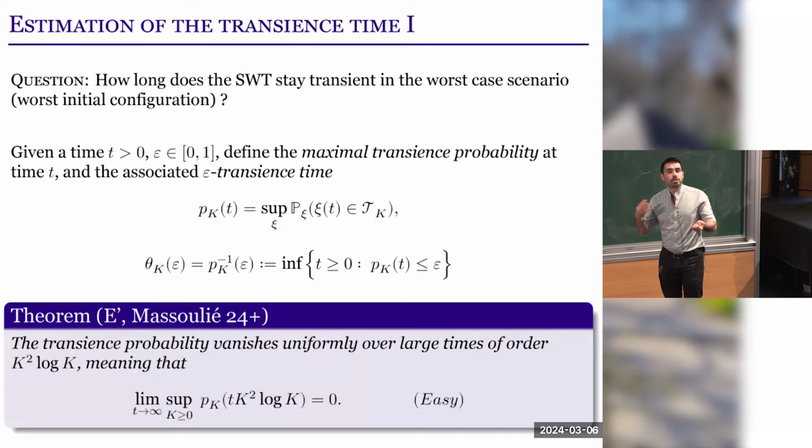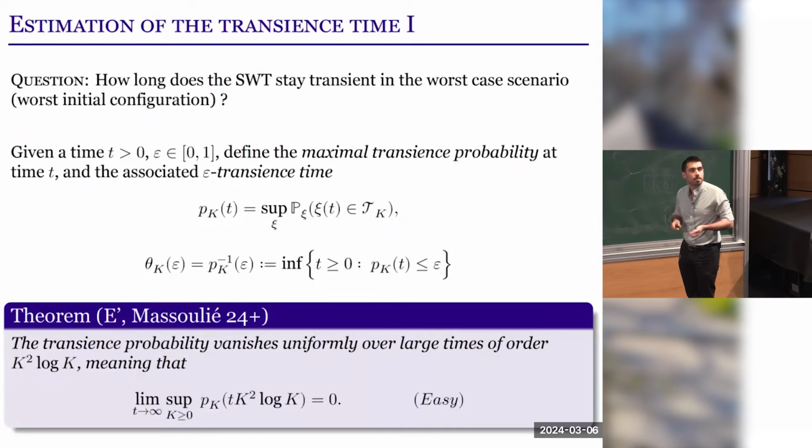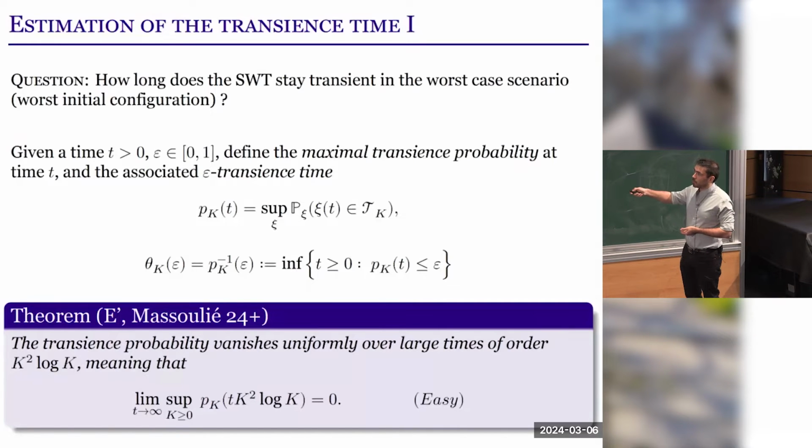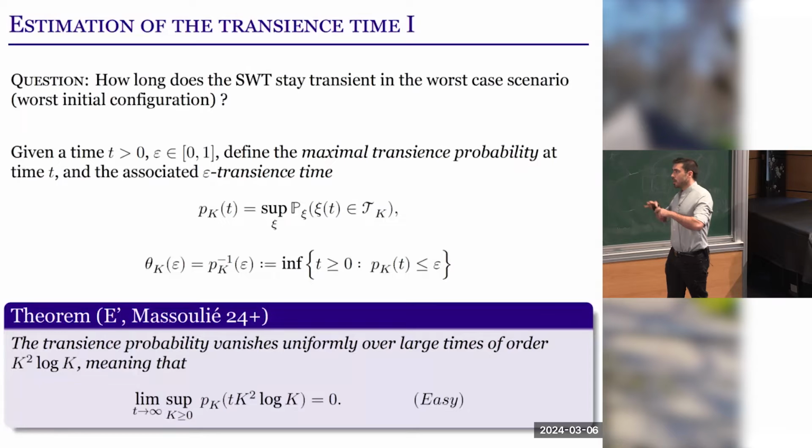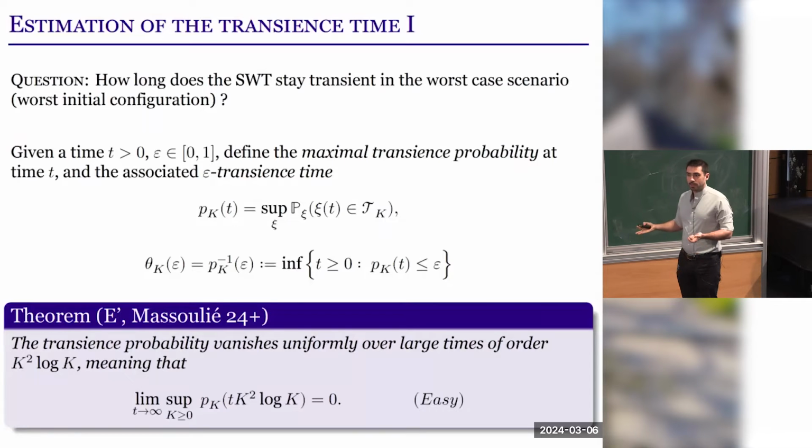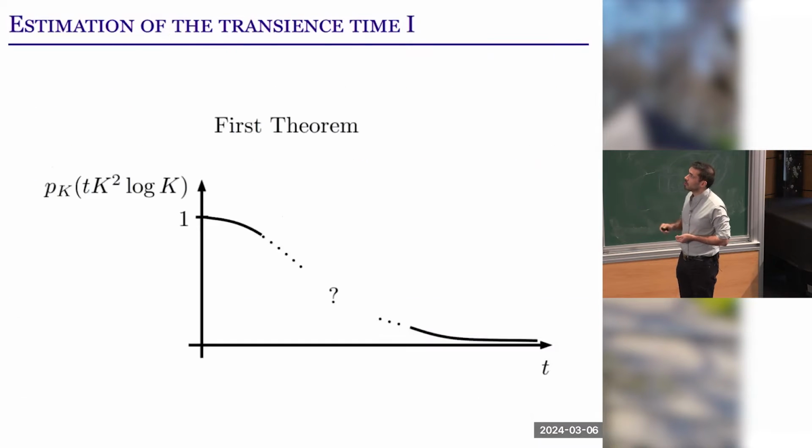So this gives a first indication that probably the transience time is of order k squared log k. This is a rather crude estimate, in the sense that I'm not saying much about the behavior of the transience probability. I'm just saying that over those timescales, provided that you let t diverge, you're going to reach 0 for your transience probability.